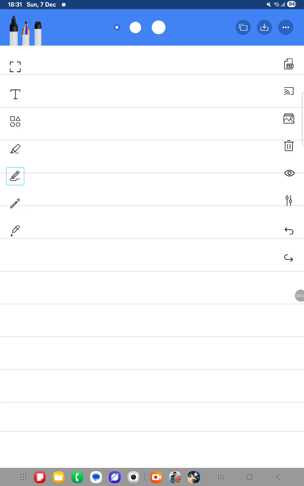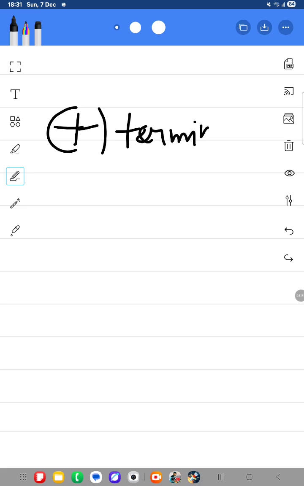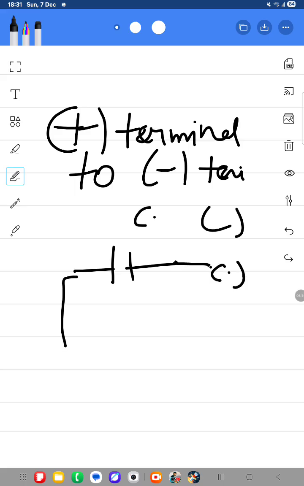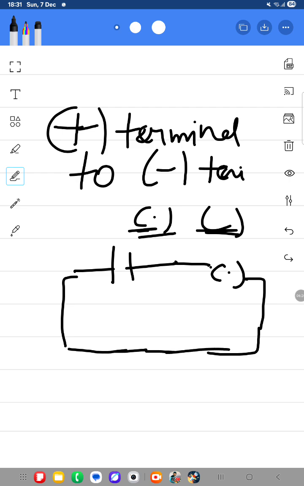And one more thing, electric current flows from positive terminal to negative terminal. For example, it is a circuit with a switch. This is a closed switch and this is an open switch. Means from this switch the current will flow, not from this. We can close the circuit.